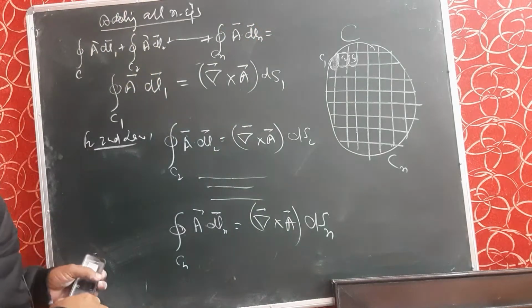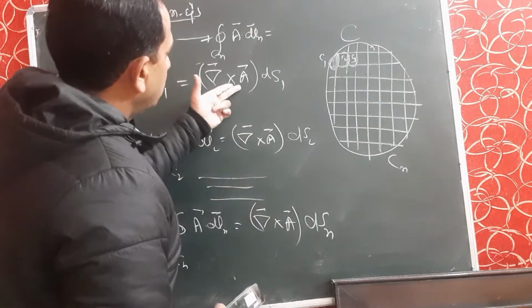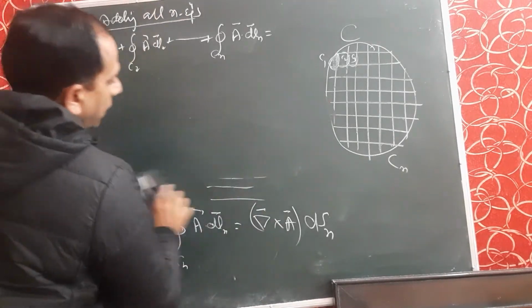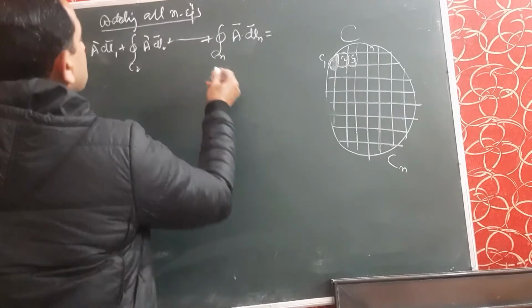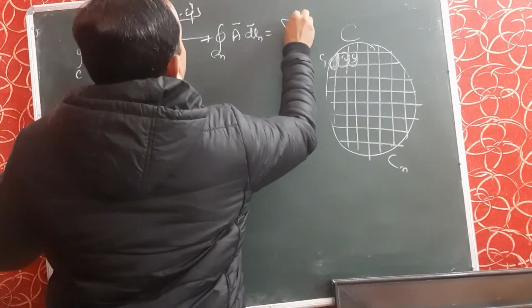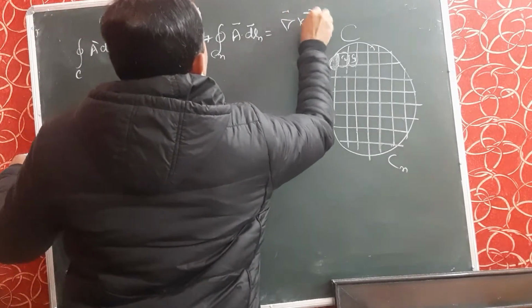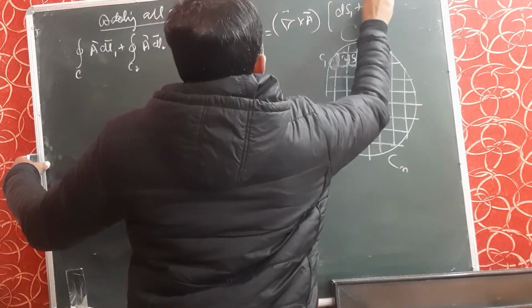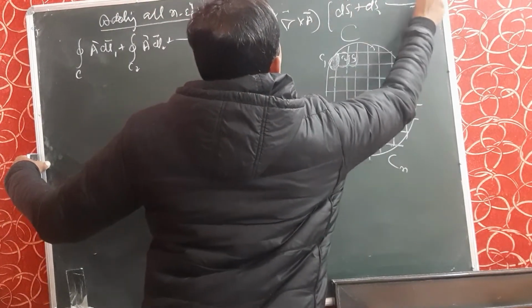And on the right hand side, del cross A is common from all the right hand terms, and the remaining part is ds1 plus ds2 up to dsn.